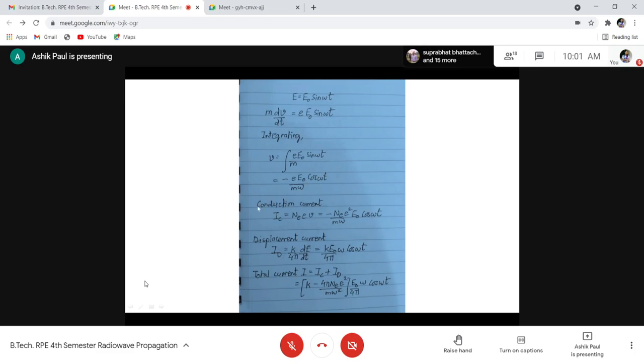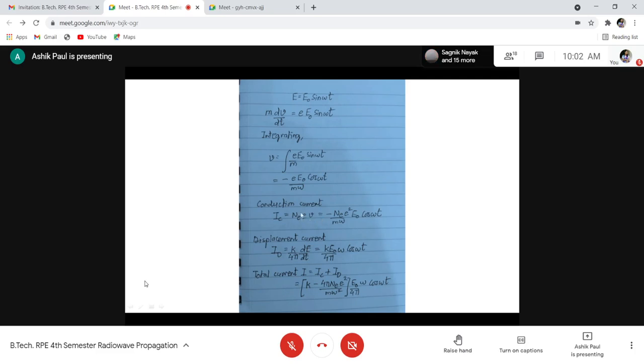Now, if we try to estimate the conduction current associated with this situation where you have electrons moving in a fluctuating electric field, then that conduction current, if I refer to that as IC, say for example, will be nothing but the product of the electron density, sorry, the electron charge times the velocity of the electrons.